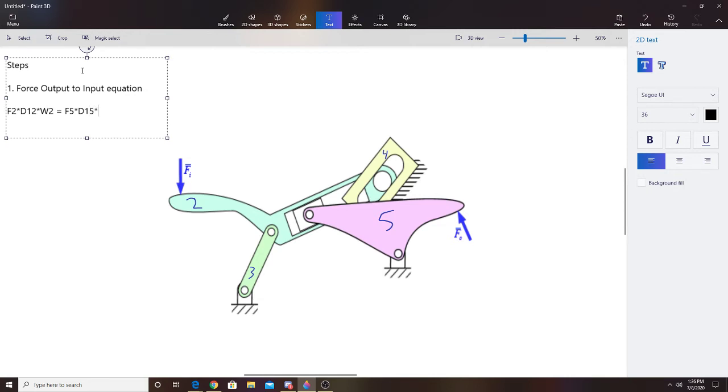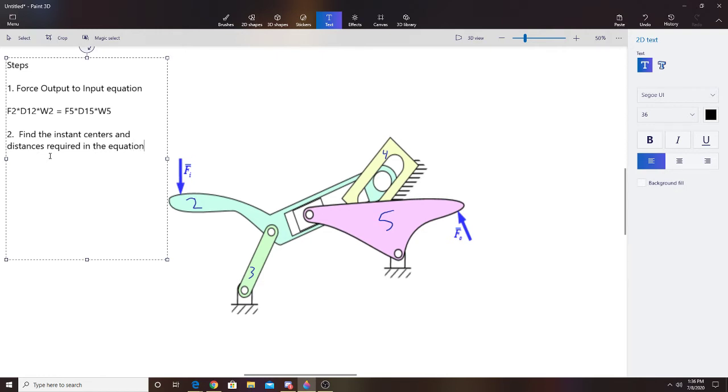Our instant centers? Is that what you're saying? More or less? Yes. So find the instant centers and distances required in the equation.